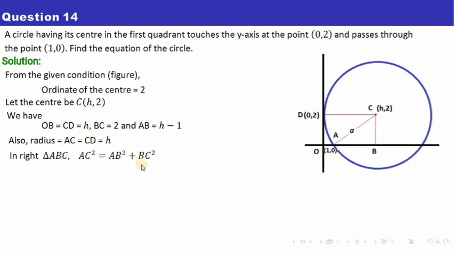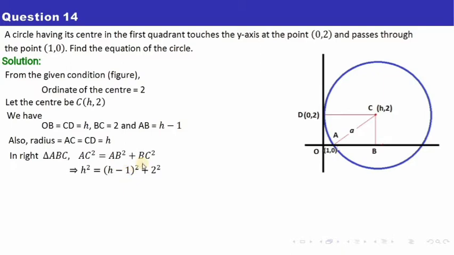In right triangle ABC, we apply the Pythagoras theorem. AC square is my radius square, and the radius is h. AB is h minus 1, and BC is 2. If I put the values, AC is h, AB is h minus 1, BC is 2, then we will get this.